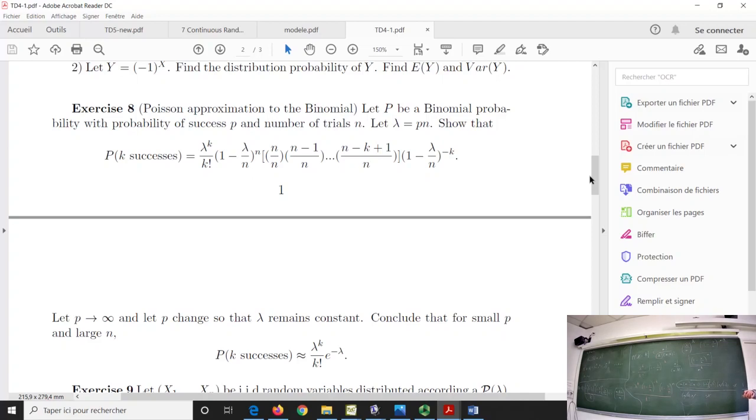So all these terms go to 1. Clear for everybody? Because k is fixed, I have k terms, each of them goes to 1. So for this one it's okay.